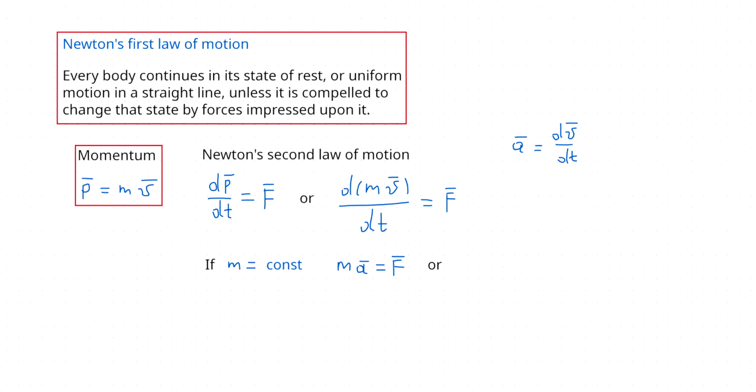Or we can write this as m dv divided by dt is equal to F.